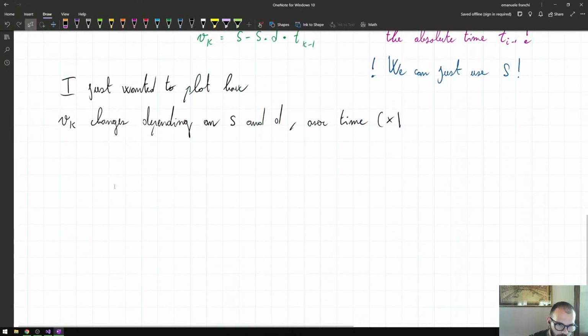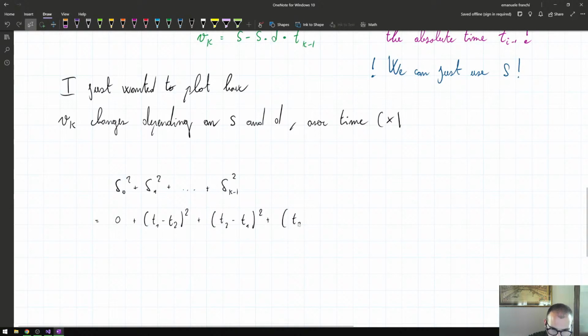So delta 0 squared plus delta 1 squared plus delta k minus 1 squared, which is 0, plus t1 minus t0 squared plus t2 minus t1 squared plus t3 minus t2 squared, plus blah blah blah, plus t(k-1) minus t(k-2), bad indices, squared.